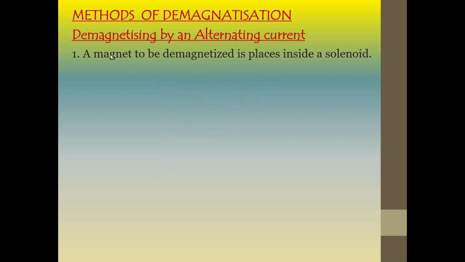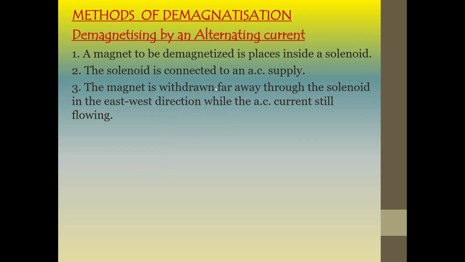If you want to demagnetize a magnet, place it in a solenoid connected to an AC supply. The magnet is withdrawn away from the solenoid in the east-west direction. Why specifically east-west? Why not north-south? Because if you take out this magnet in a north-south direction, the earth's magnetic field might magnetize it.